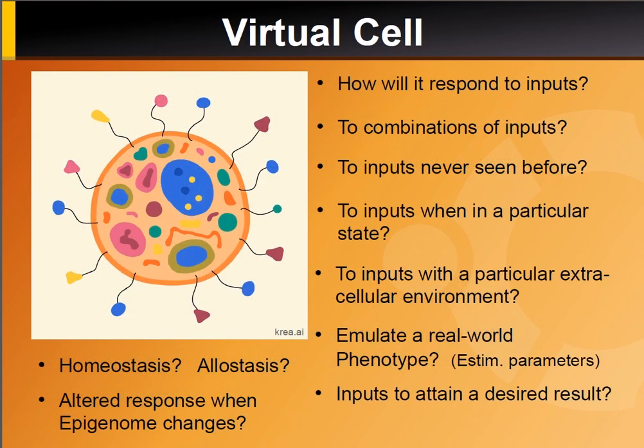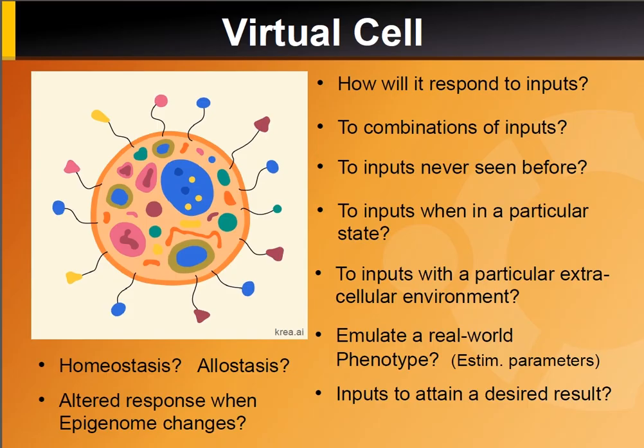Virtual cells are a goal of many, and that includes Life123. With a virtual cell, we would like insight into questions such as how it will respond to inputs, or combinations of those, or inputs never seen before, or inputs while in a particular state, or what kind of inputs to provide to attain a desired result, and so on and so forth.